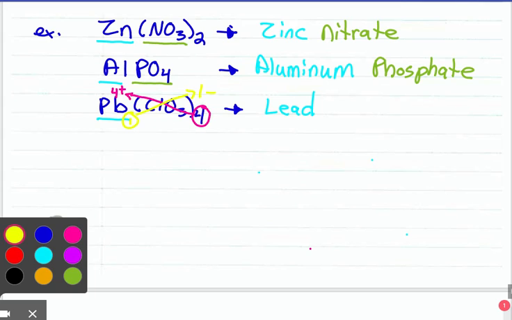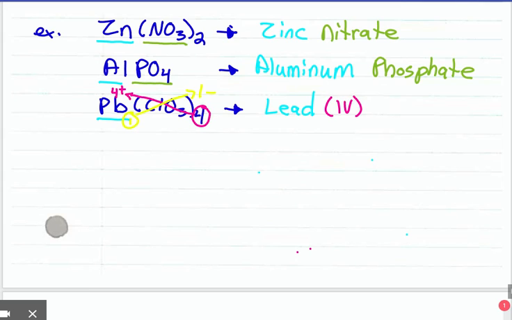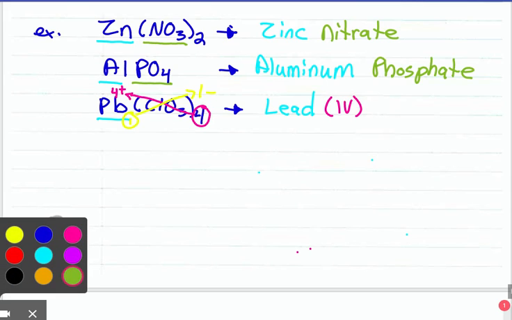And chlorate has an ionic charge of 1 negative. So the charges line up. So this means that this is lead, Roman numeral 4, and then ClO3 is your name of your polyatomic. So this is lead(IV) chlorate.